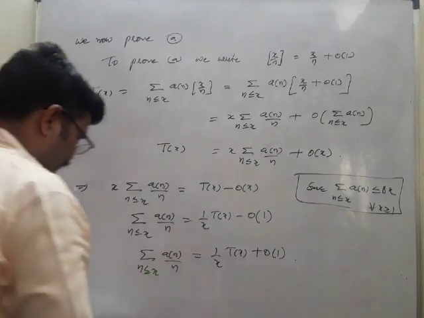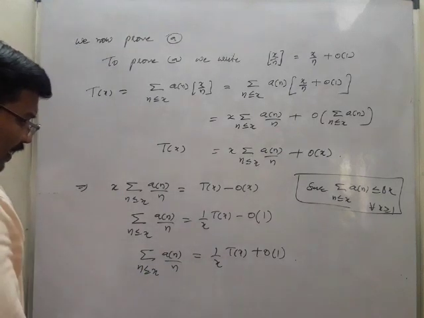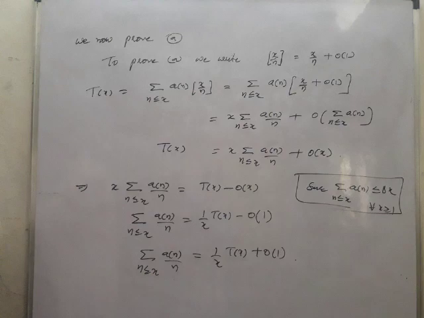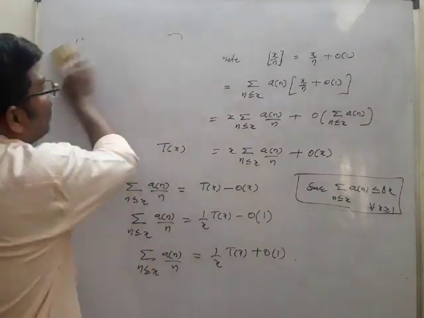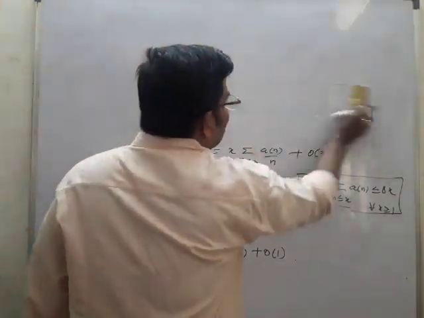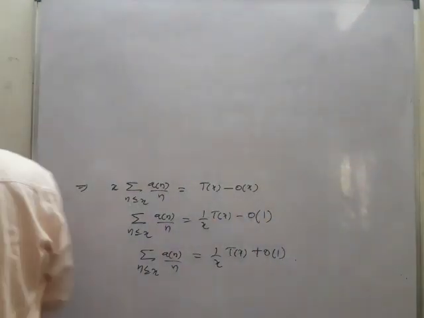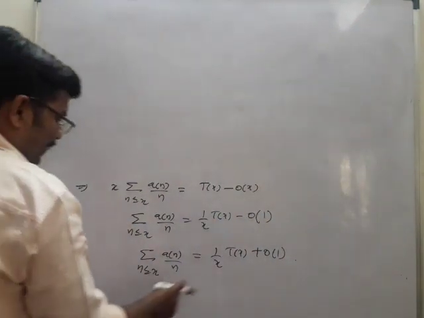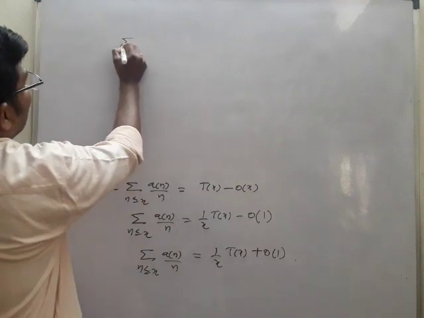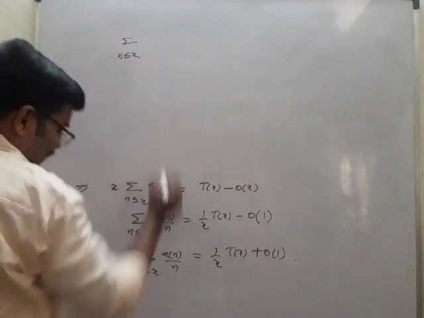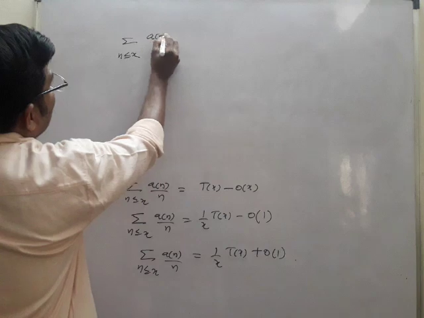Therefore this is what we got. Now we will try to take this one. What is the value of summation n less than or equal to x, a of n by n?